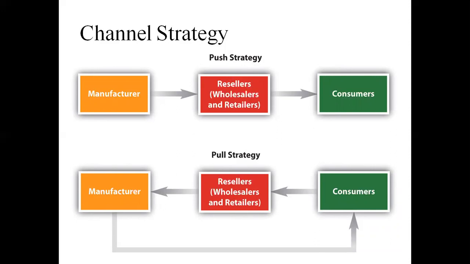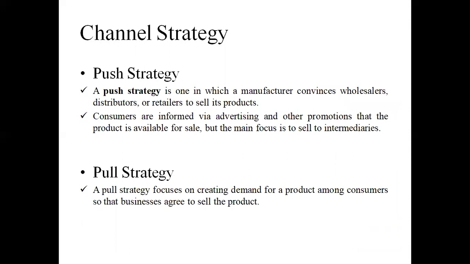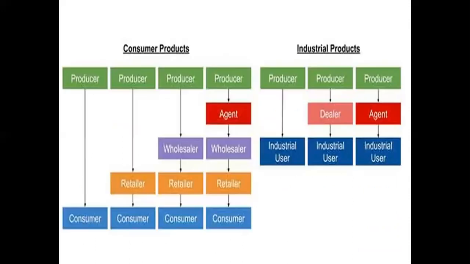The manufacturer wants to create demand for the product, then customers ask for it, and the manufacturer supplies it. A push strategy is one in which the manufacturer convinces wholesalers, distributors, or retailers to sell its product, and consumers are informed via advertisement or other promotion that the product is available for sale. The pull strategy focuses on creating demand for the product among customers, so that businesses agree to sell the product. So these are the two strategies we have discussed.